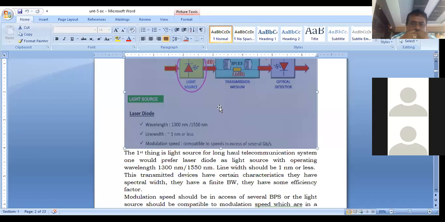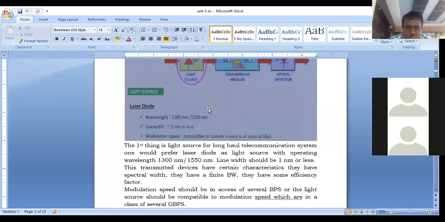Shall we start? So here, this laser diode is in the transmitter section. If you want to transmit a high data rate, we use an external modulator; otherwise, you use the same modulator, depending on the modulation speed, that is, whether you are using gigabits per second or megabits per second.